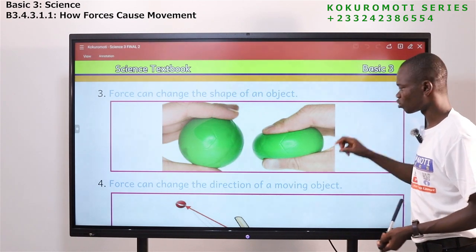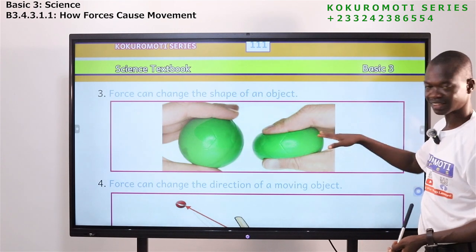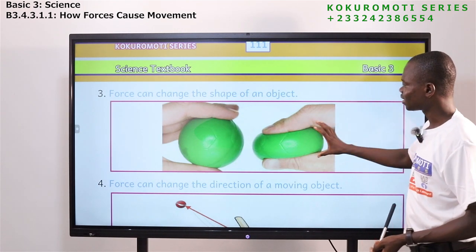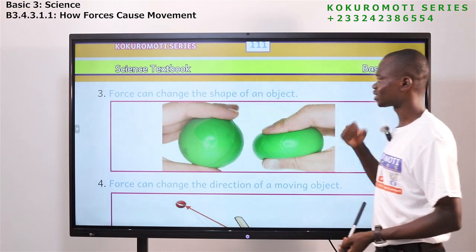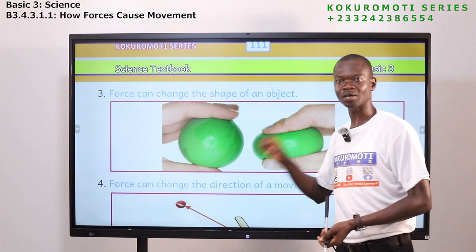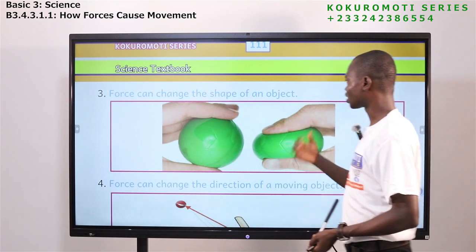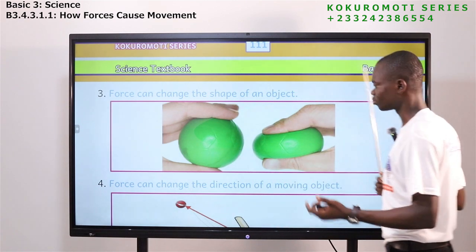The person has applied force to the ball, so the shape is not the same as here. The difference is that here the person has applied force, but here there is no force. So anytime we apply force to something, the shape can change. Force can change the shape of an object.